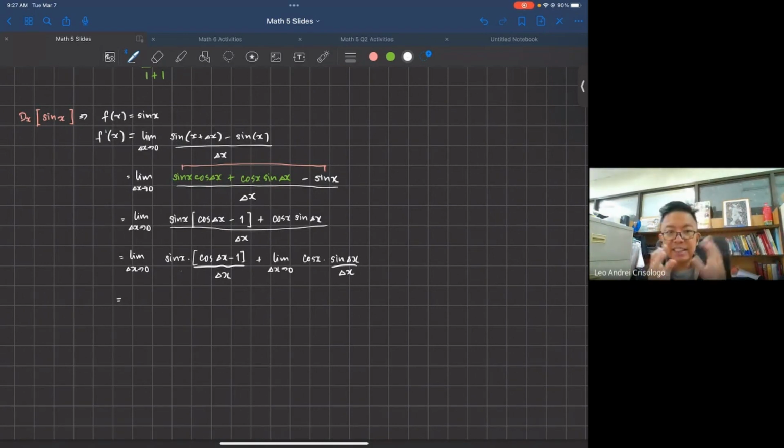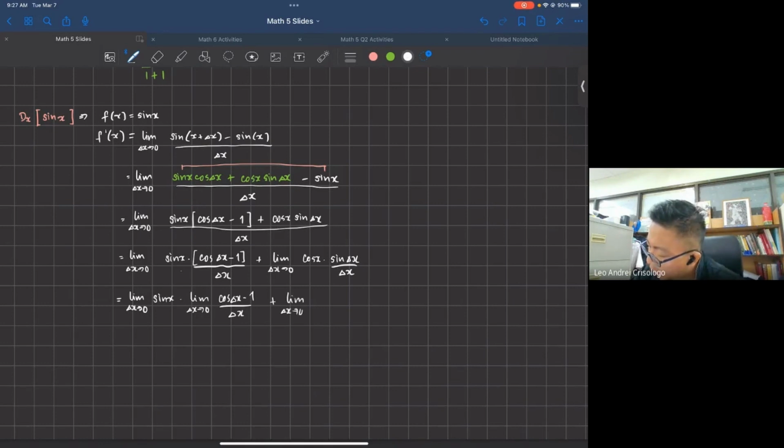Yung limit, ikakalat ulit natin sa factors. We'll have limit as delta x approaches 0 ng sine x times the limit as delta x approaches 0 of cosine delta x minus 1 over delta x plus the limit as delta x approaches 0 of cosine x times the limit as delta x approaches 0 of sine delta x over delta x.